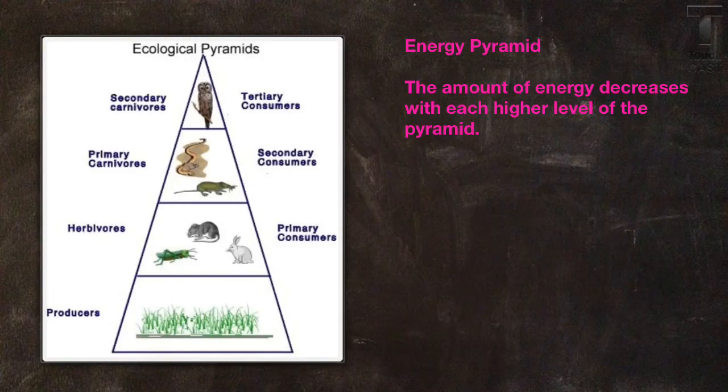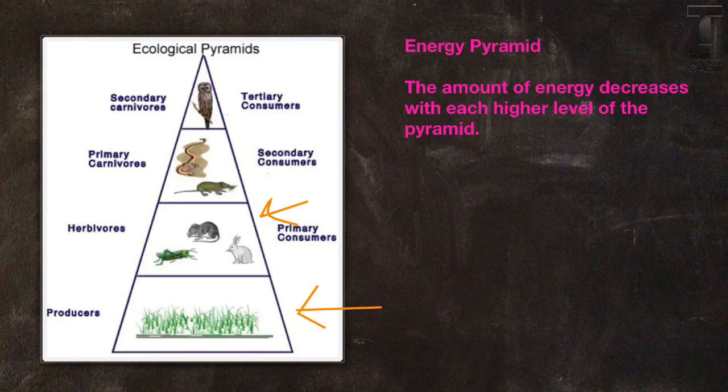The flow of energy in an ecosystem can also be illustrated with an energy pyramid. And this is a complex diagram, and it shows the amount of energy available at each trophic level. Now, each level of the pyramid that you see, these are your trophic levels. So as you go up the pyramid, the energy is actually going to decrease because energy is lost as heat.